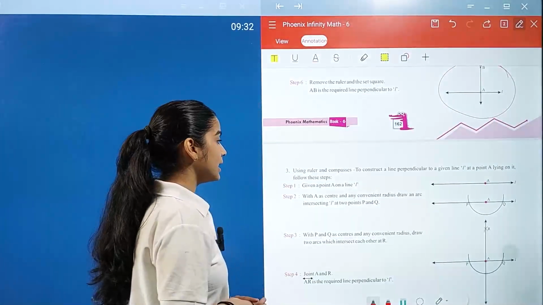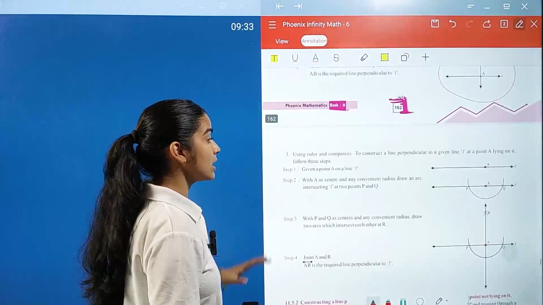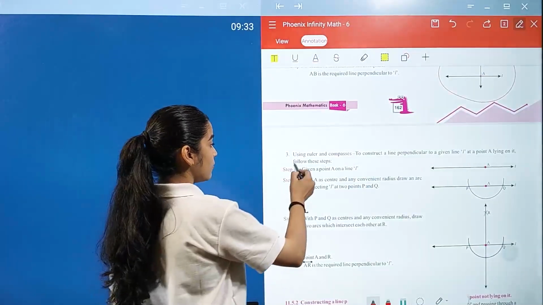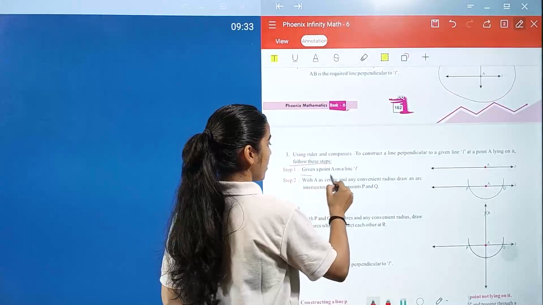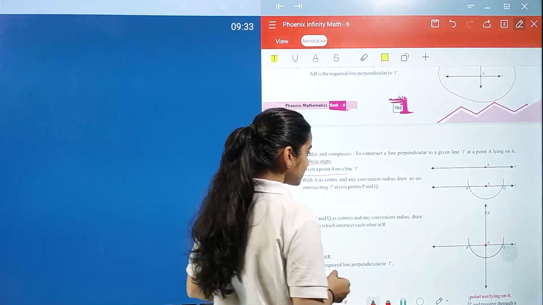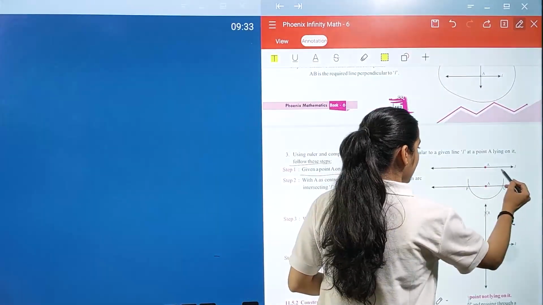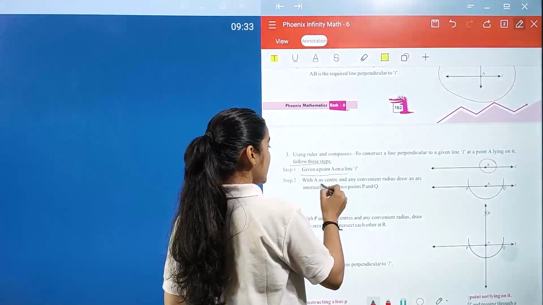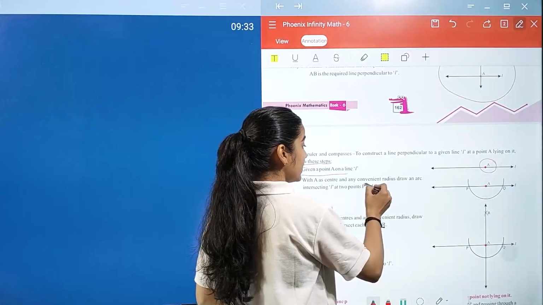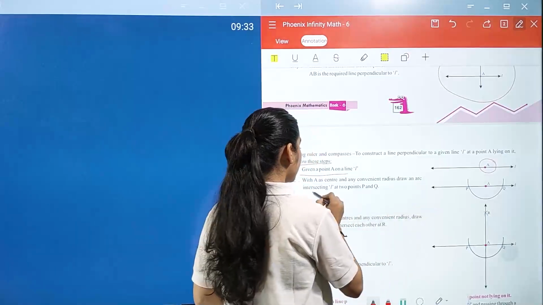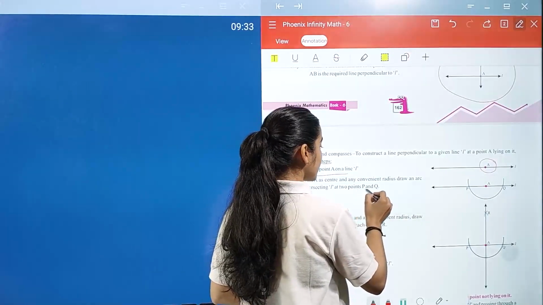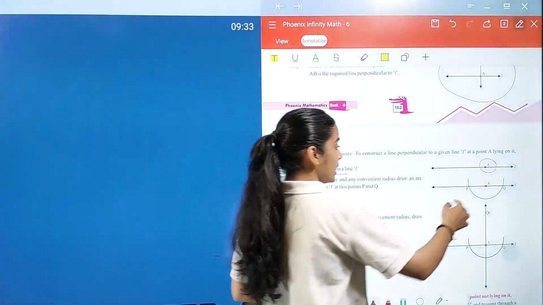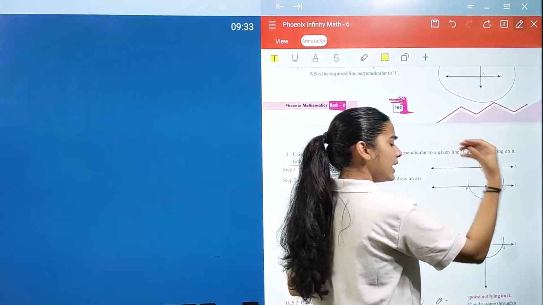Now, using ruler and compass, to construct a line perpendicular to a given line L at a point A lying on it, follow these steps. Given a point A on a line L. So this is your line L and you have a given point A. With A as center and any convenient radius, draw an arc intersecting L at 2 points P and Q. So you take A as your center and any random measurement.